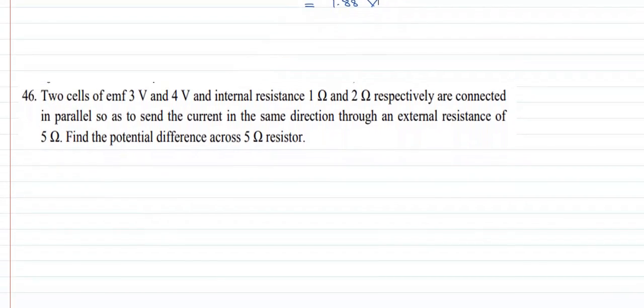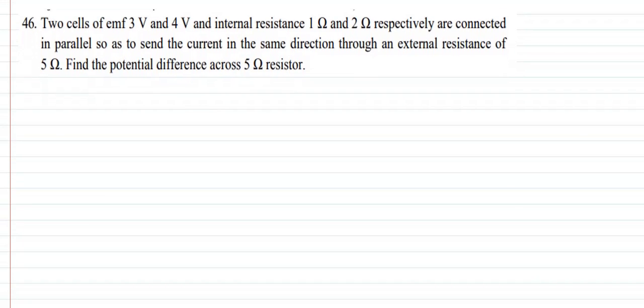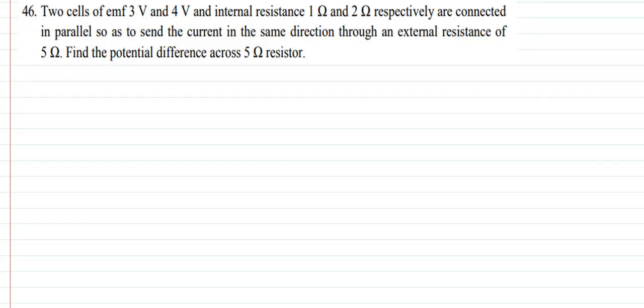Third one. Two cells of EMF 3 volt and 4 volt and internal resistance 1 ohm and 2 ohm are respectively connected in parallel, so as to send current in the same direction.